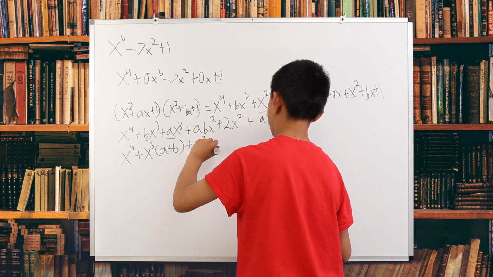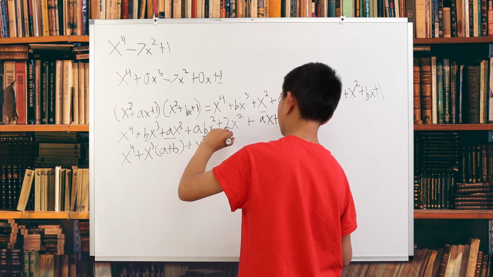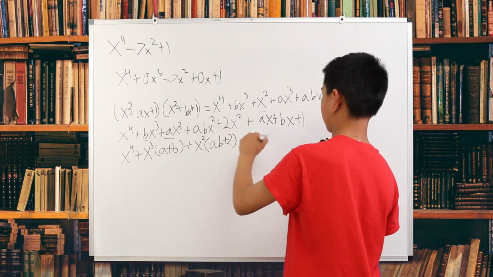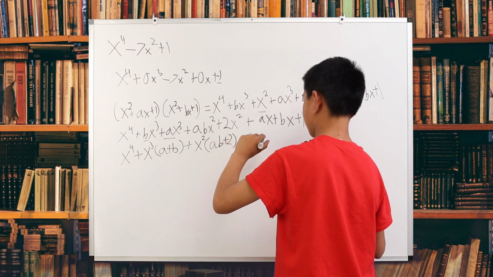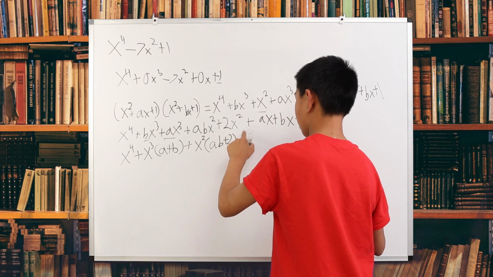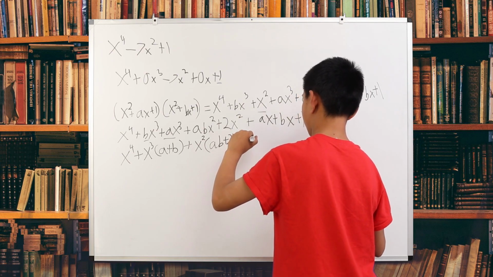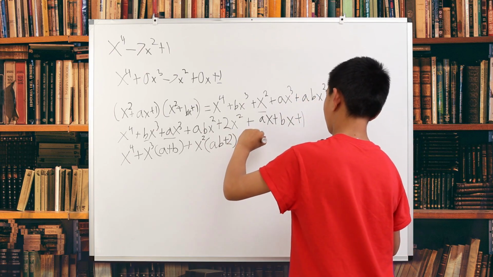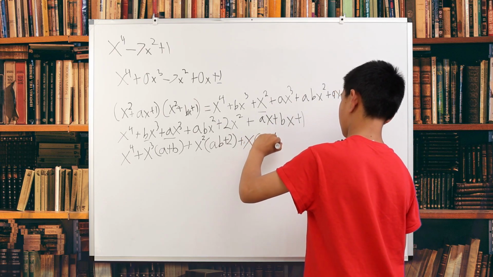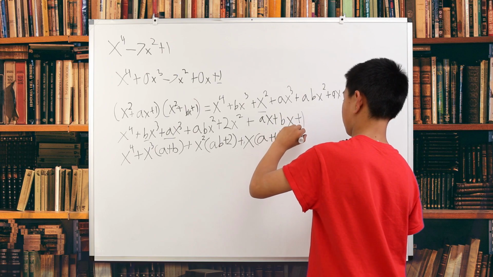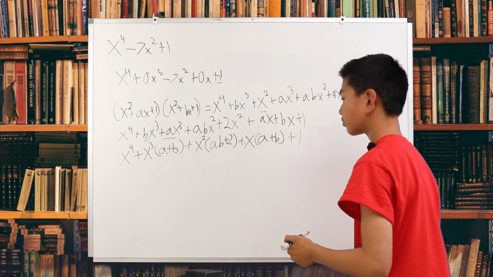Inside we get ab plus 2. And right here we just do the same thing. We take out the x, so this is a plus b, and this is all just plus 1 at the end.